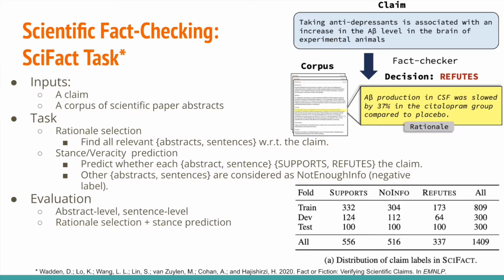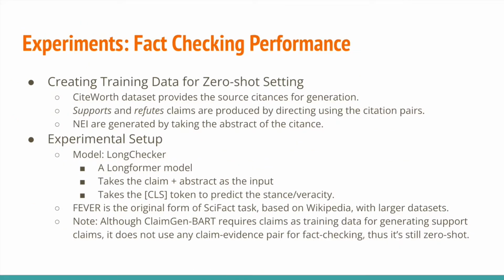So for the experiments, still about the fact checking, they first create the training data for the zero-shot setting just using the claim generation system to generate the supports and refutes claims. They use the CiteWorth dataset to provide the link between the source citances and the cited abstract.